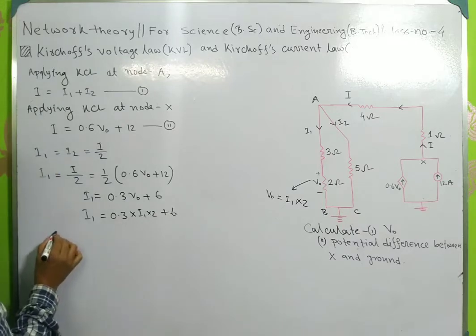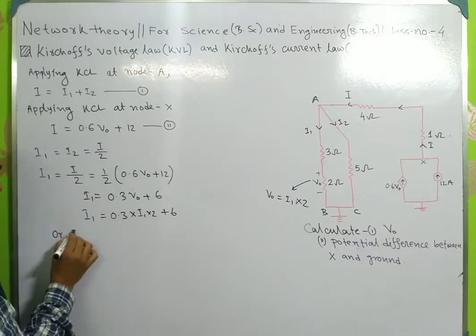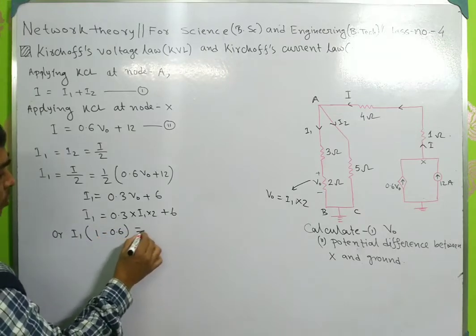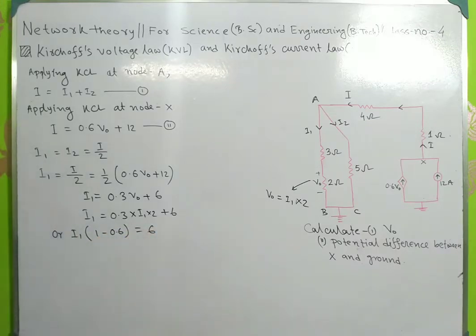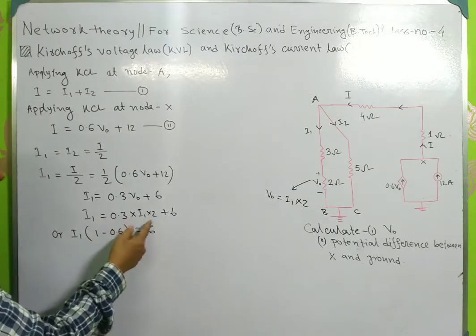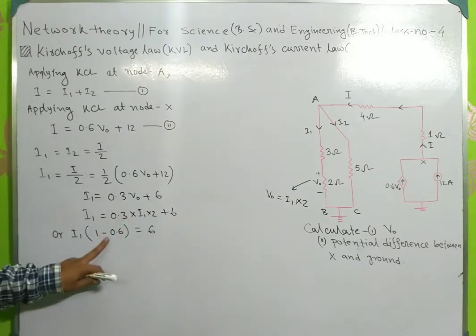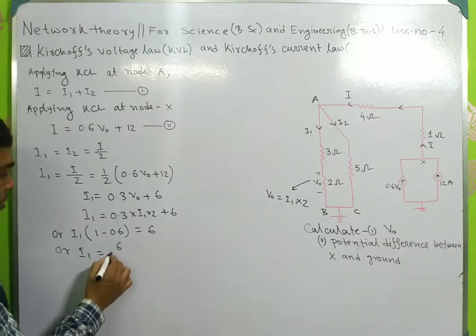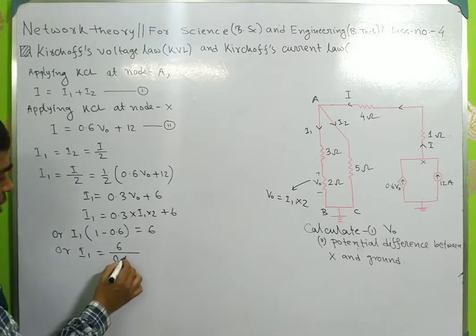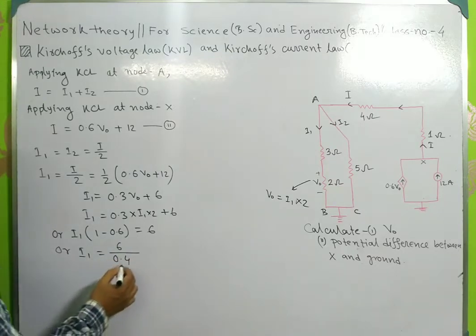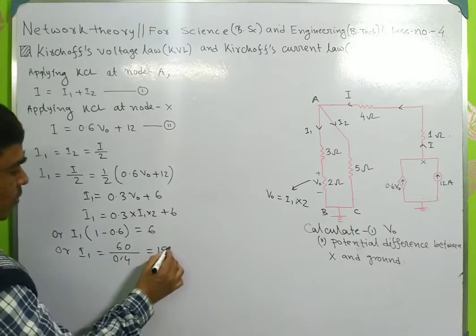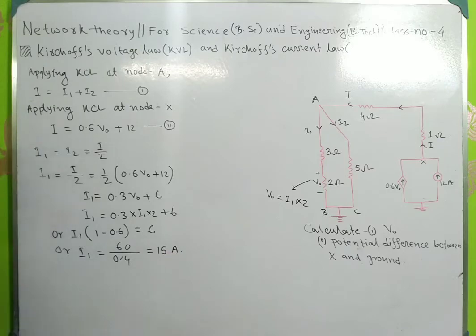So it will be I1 minus 0.6 I1 equals 6. This will be 0.6, so on this side it will be negative. So I1 will be 6 divided by 0.4, so it will be 15 ampere.